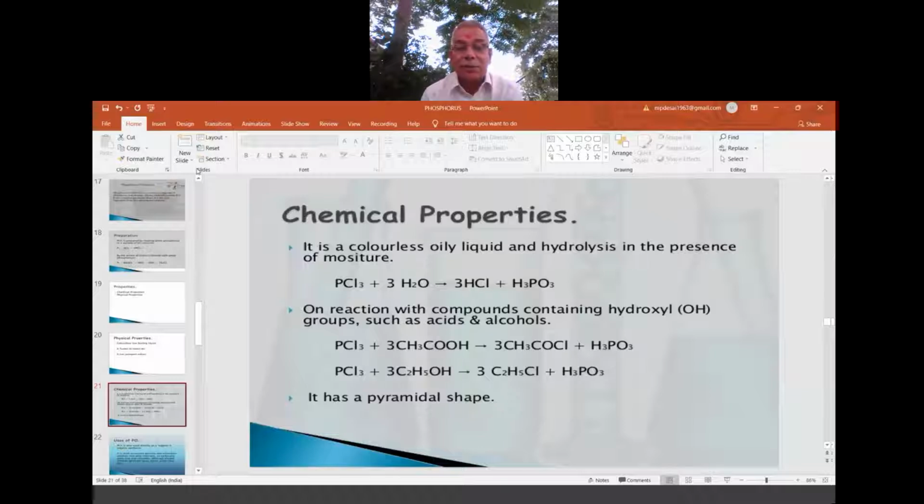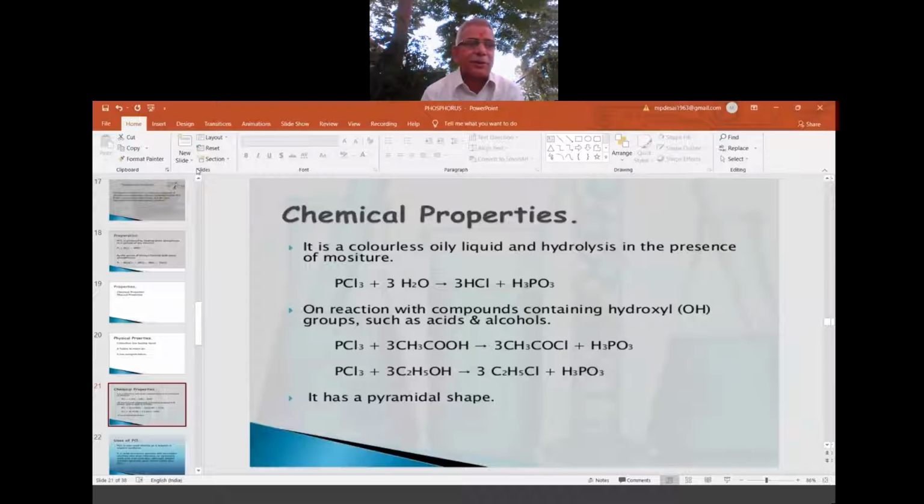PCl3 is one of the most important chemicals as a chlorinating agent for most organic reactions to prepare chloride related compounds. Whether it is acetyl chloride or alkyl chloride, alkyl halide, aryl halide, any halogenated compounds of organic chemistry, we use both PCl3 and PCl5.